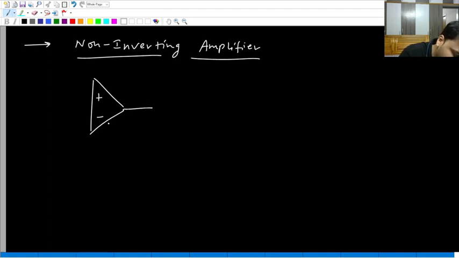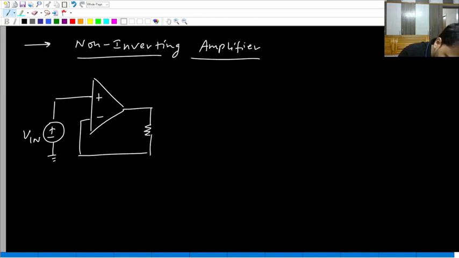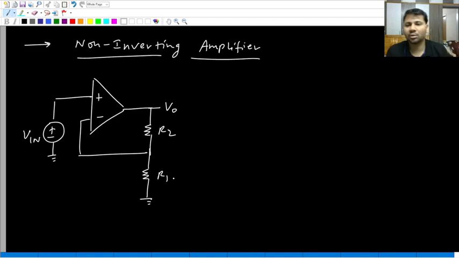Plus, minus. This is the input source, Vin. V0, R2, R1.